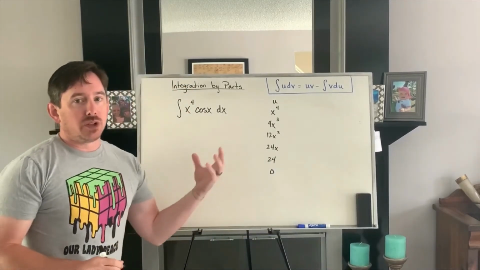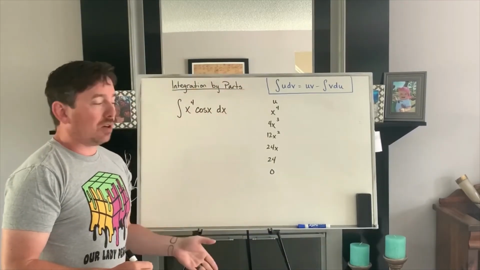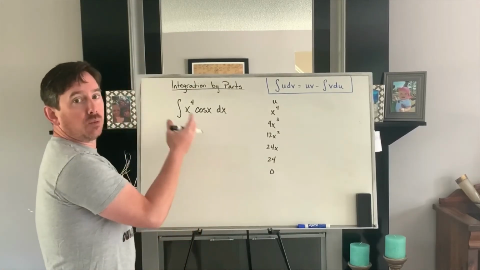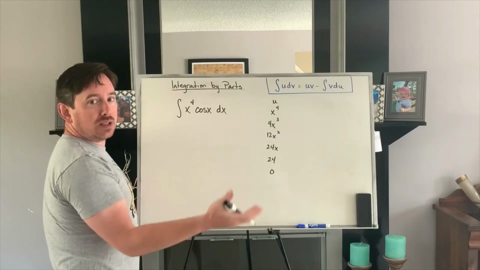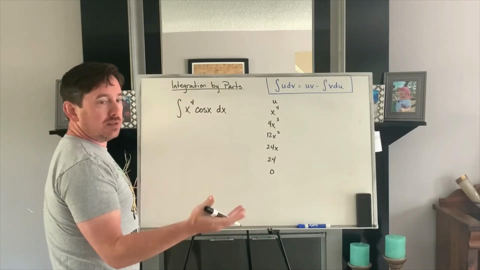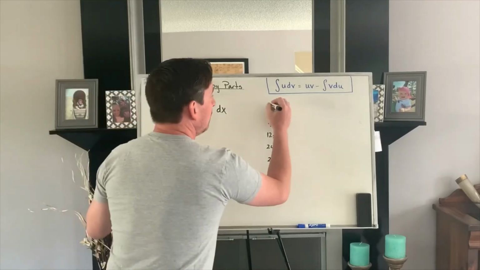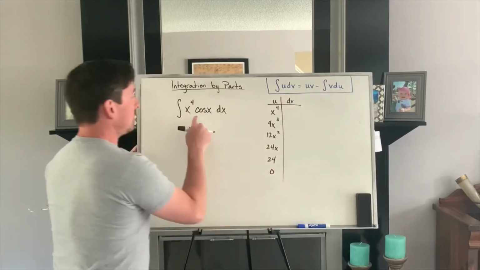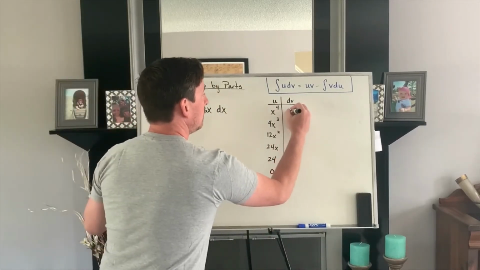So pick your u value and then differentiate it all the way down to 0. Again, this only works if one of the pieces actually gets to 0 if you keep on differentiating. Now, pick your dv. That's going to be my cosine part.